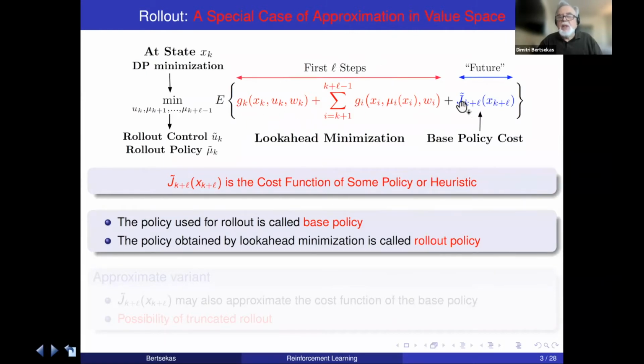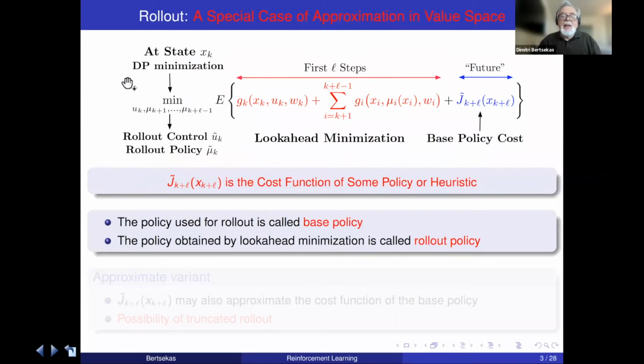I'm showing here the multi-step look-ahead version. And the rollout algorithm basically is a special case of this J tilde. J tilde is the cost function of some base policy.